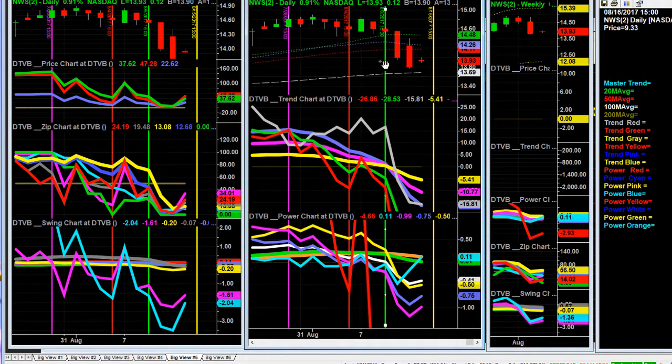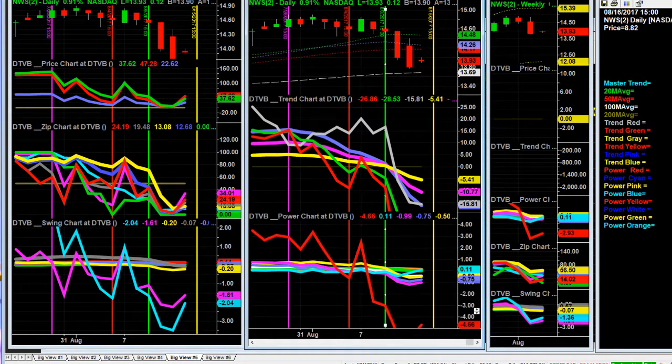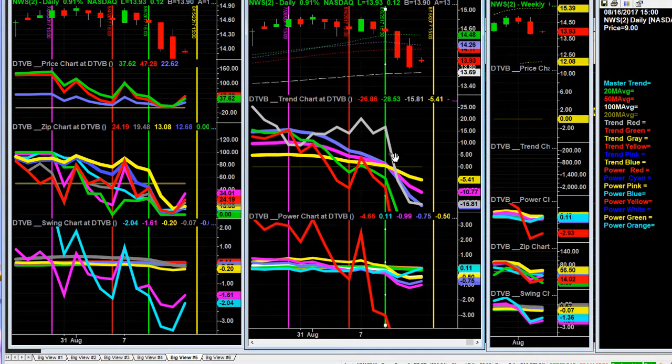And so we have a couple of divergent situations between zip pink and zip Zion. Also, we have a significant divergent condition, as I mentioned, between the trend gray and the trend red and green lines.